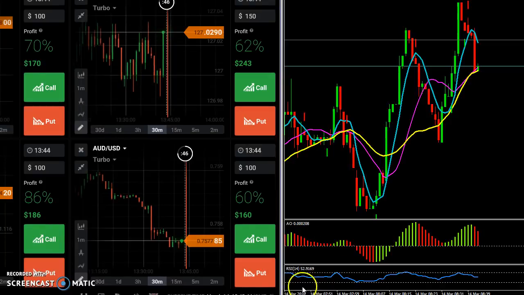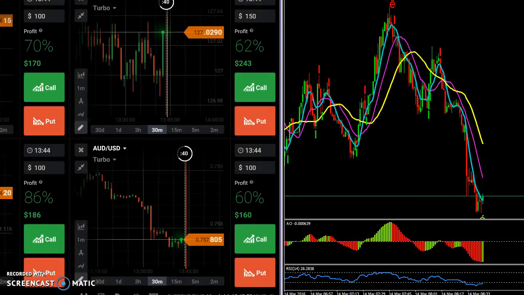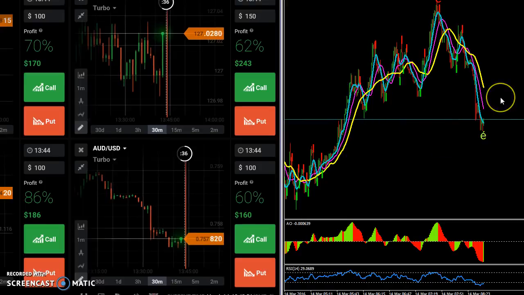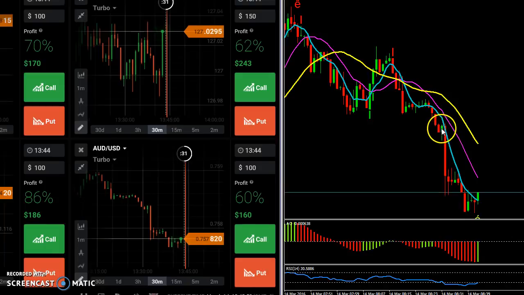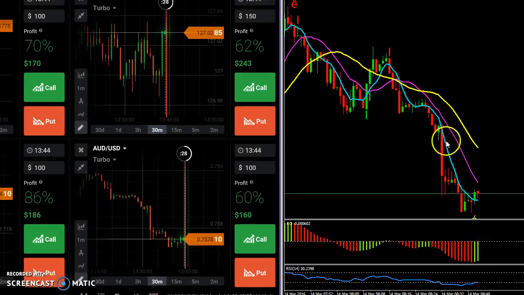Okay, so we got an AUD USD buy signal. I need to zoom out and check this out. There's not any major resistance level, support level I should say.